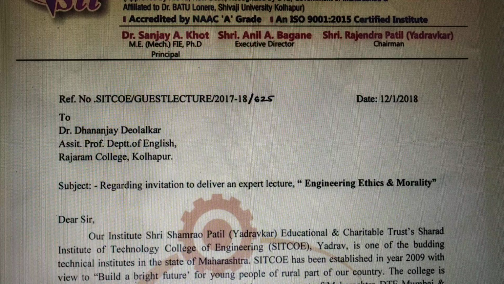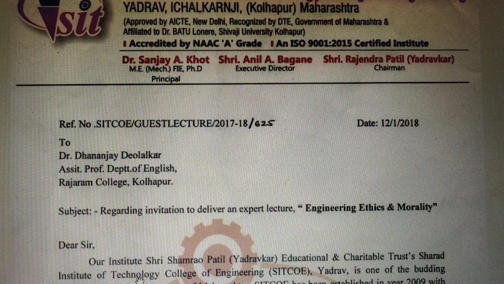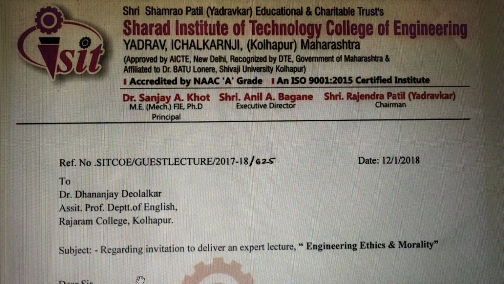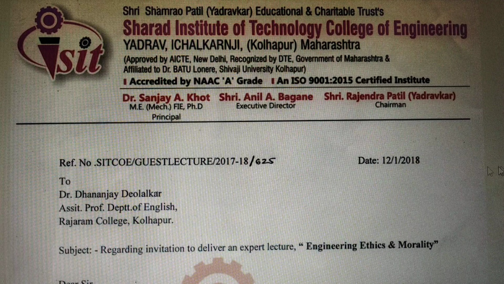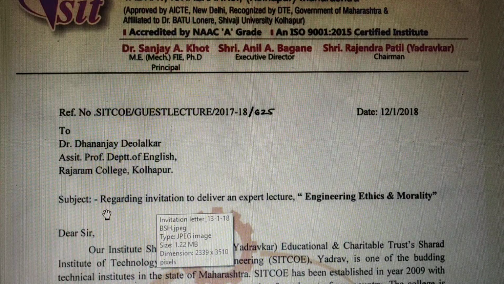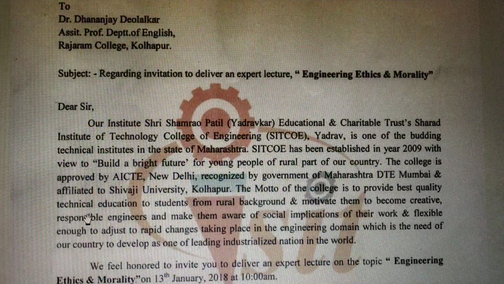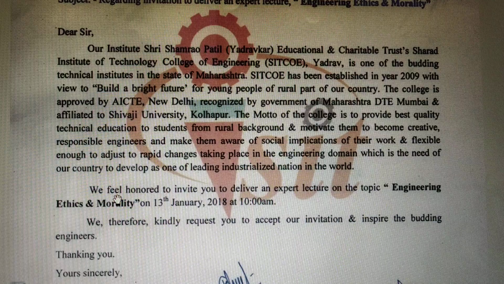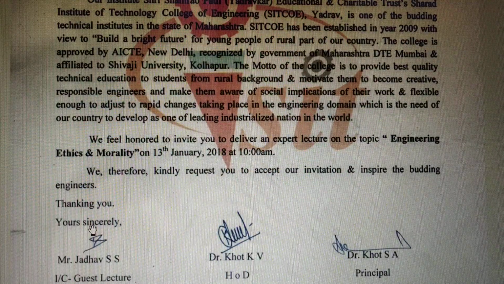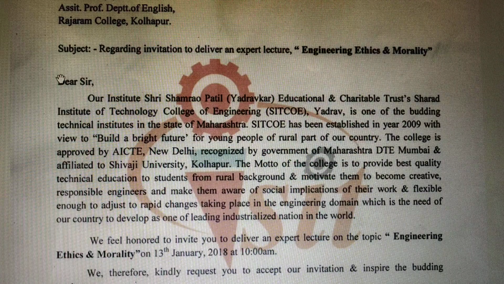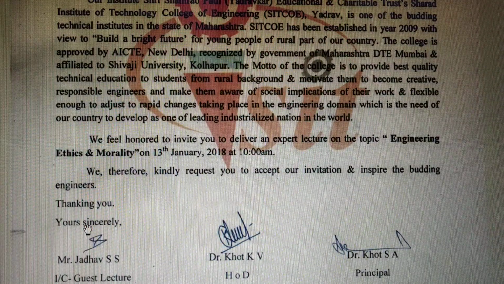In the next lecture we are going to study types of business letters. See again: letterhead, printed one, reference number, date, receiver's address, subject. Reference is not there because it is an invitation letter for the guest lecture. Salutation, main body: introduction, second paragraph for the details, third paragraph for the request, then yours sincerely. DS relationship, dear sir, sincerely yours, DS relationship is followed.